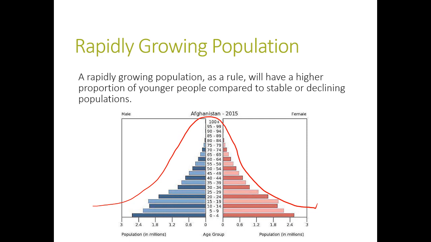So this population, you can imagine, will be expanding, because every 5 years this number is going to move up, and it is usually very likely that as the young pre-reproductive aged people reach the reproductive age, they are going to reproduce, causing even more young people to be born.